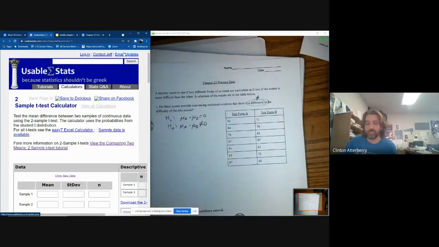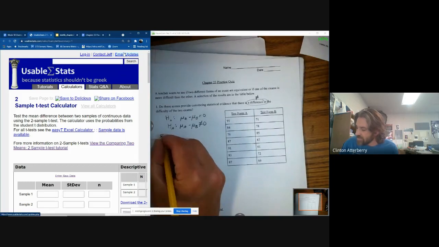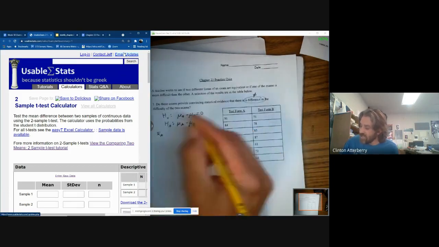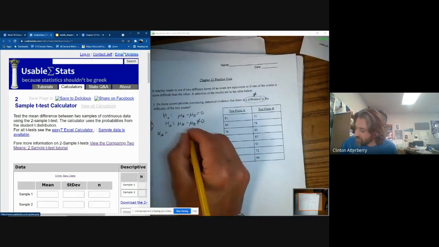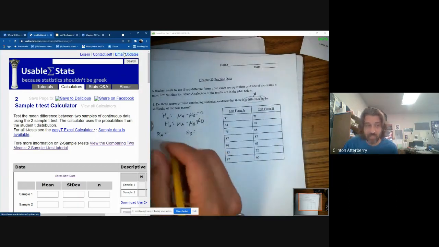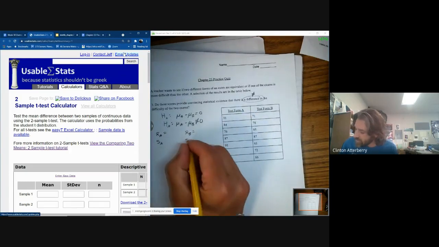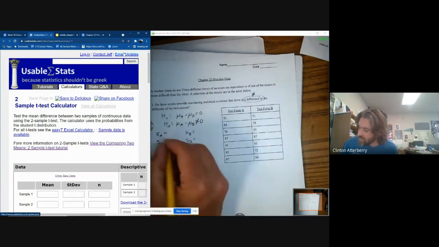Not equal to. So we need to calculate the average from our sample for test A and the average from our sample of test B. We also need the standard deviation of A and the standard deviation of B as well.